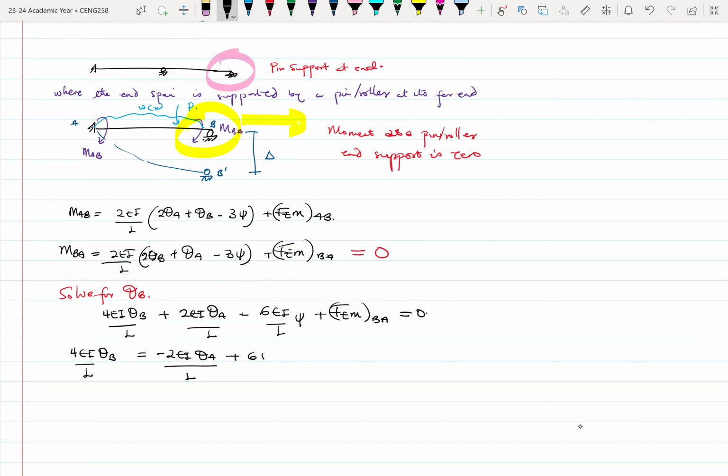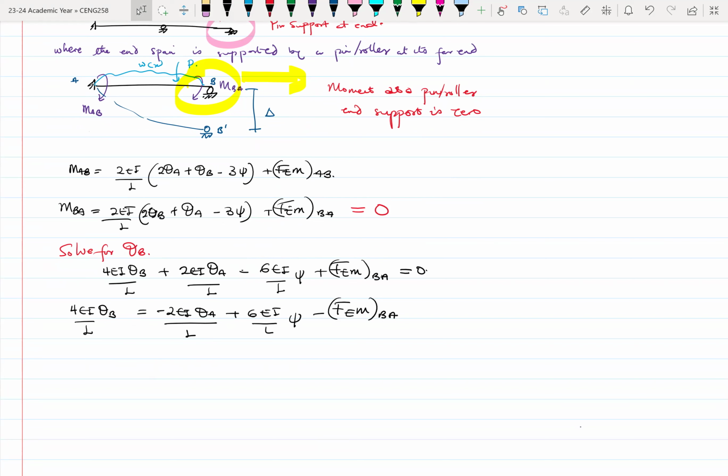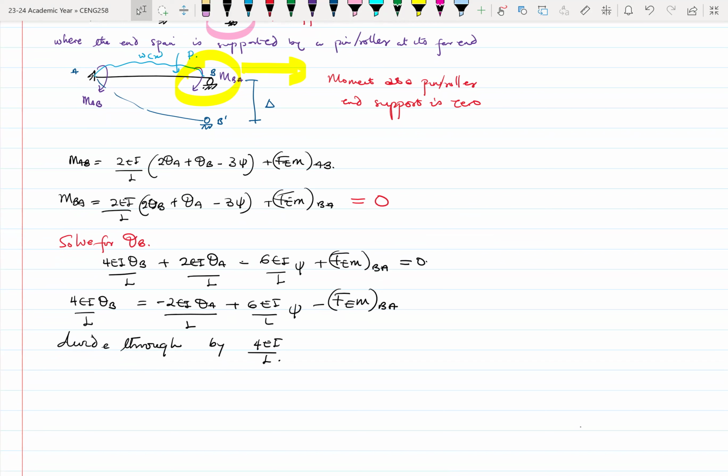We become plus 6EI over L psi, then minus the fixed end moment BA. Okay. So if that is the case, let's divide through by 4EI over L.